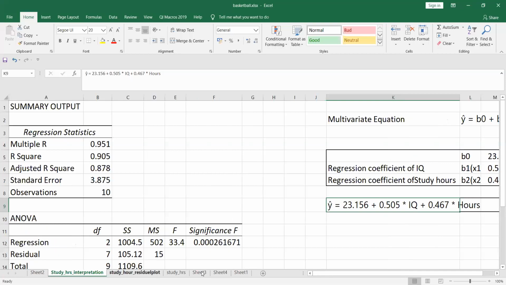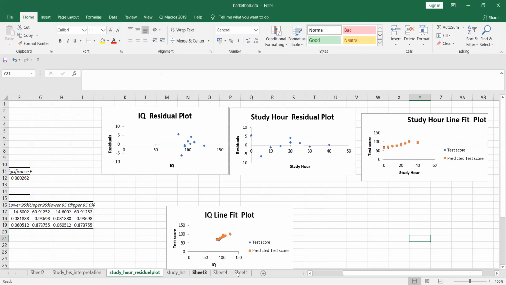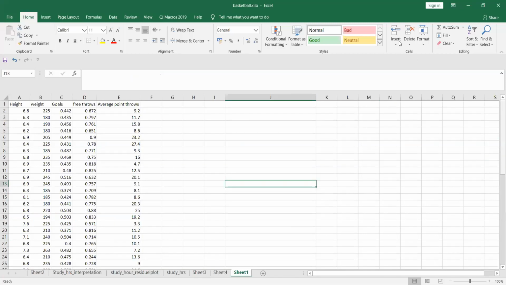Another example which I have taken here is the basketball example. Here the height, weight, goals, free throws, and average points are given.